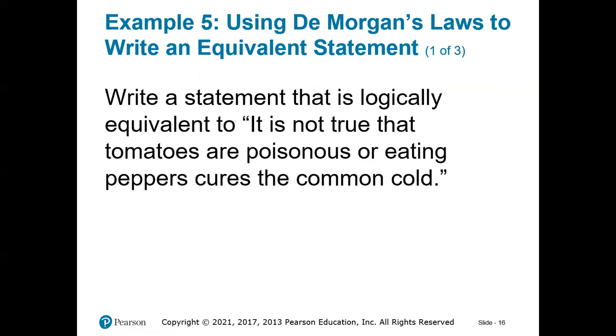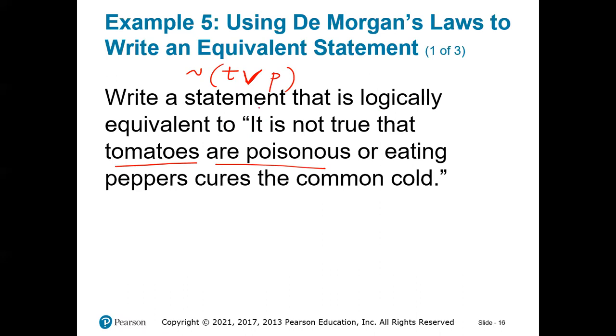Okay, well, here's an example. It says, write a statement that is logically equivalent to, it is not true that tomatoes are poisonous or eating peppers cures the common cold. Let me say T is the letter that will represent tomatoes are poisonous. You see, it says or here, or eating peppers cures the common cold.